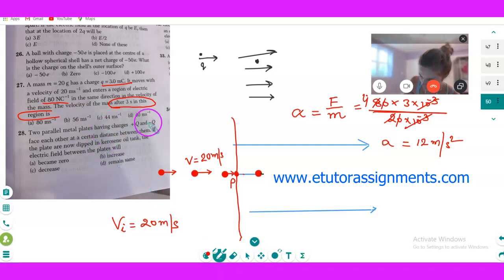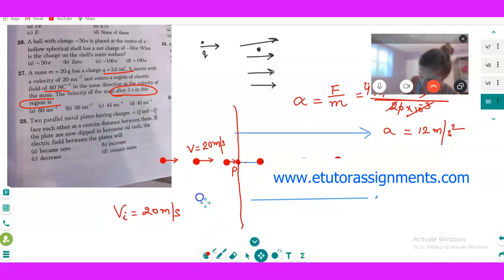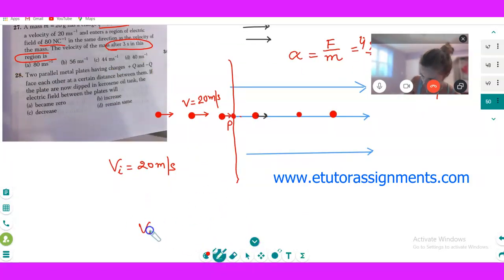Time is 3 seconds. So final velocity is equal to u plus at, which is 56 meters per second. Great, you have calculated it. Good. See, here 50% you have applied your mind, but not 100%. 50% you have given the solution here. Good.